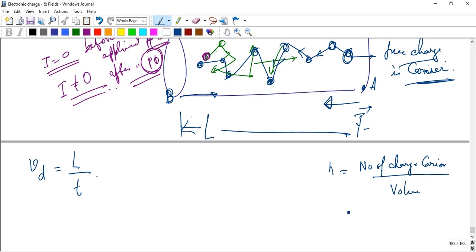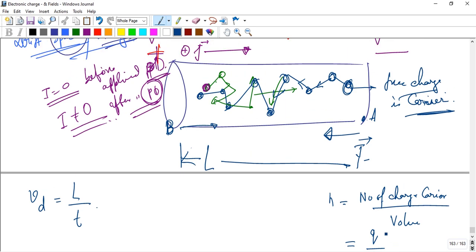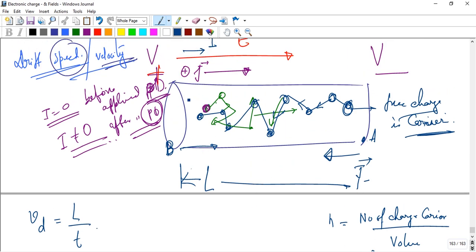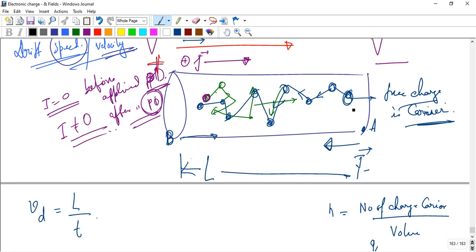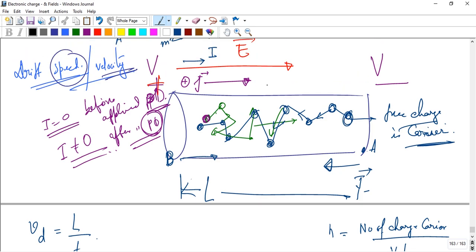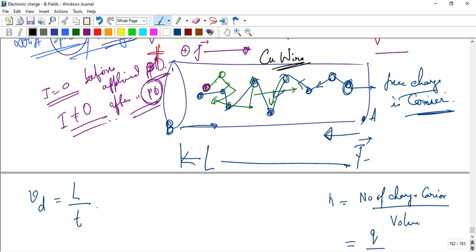So that is equal to charge Q by volume V. The conductor looks like a cylinder, actually, like a copper wire or any metallic wire, with cross section area A and length L.